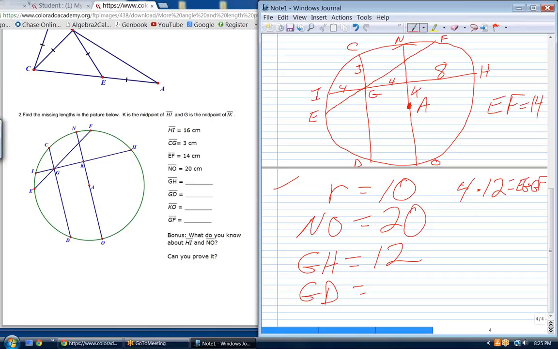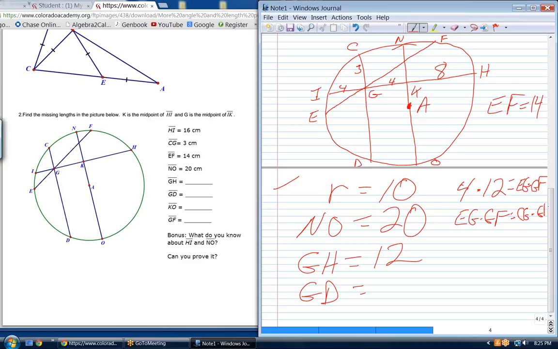And it's also equal to EG times GF, this chord times this. In other words, if I look at this chord CD here, then I know that CG times GD is equal to EG times GF.